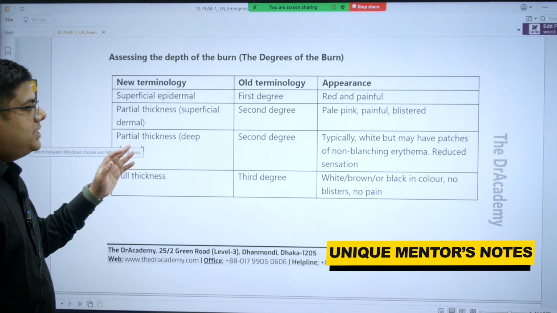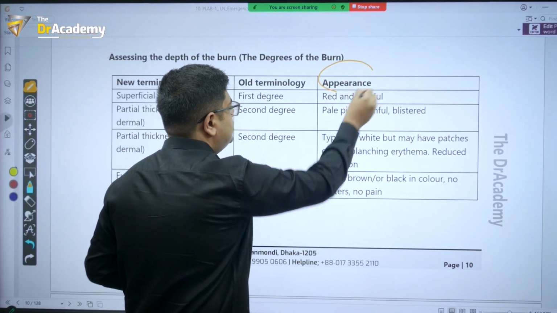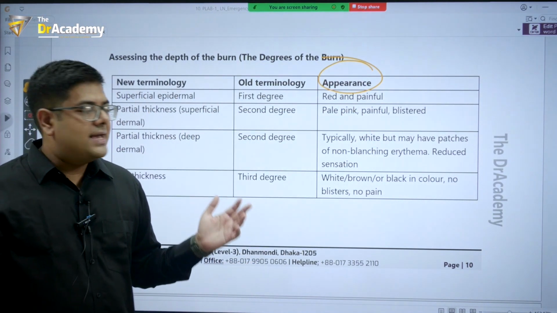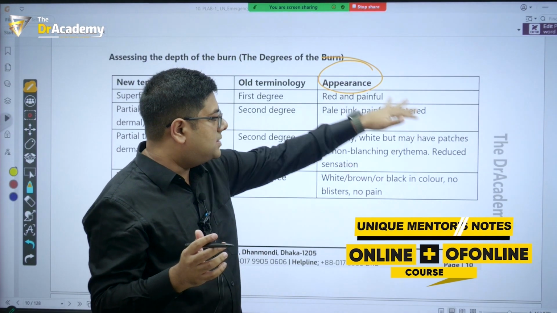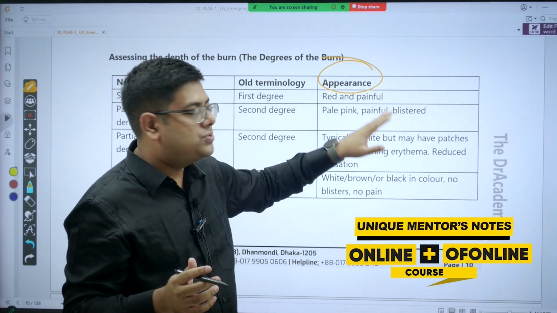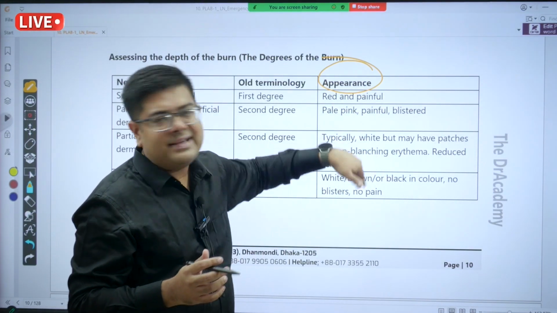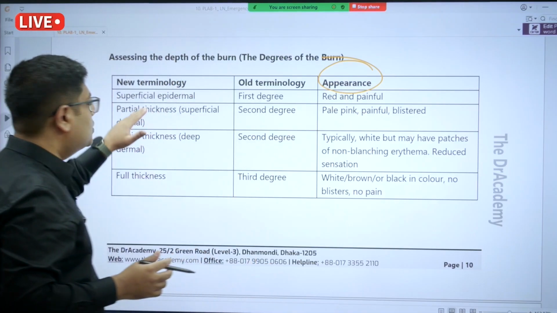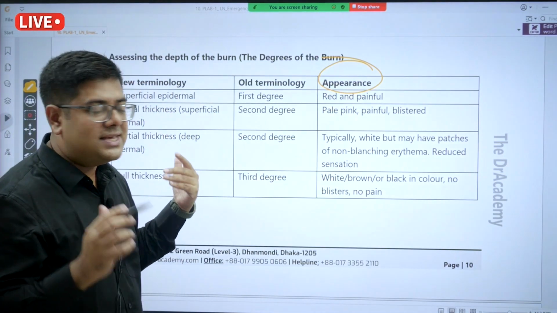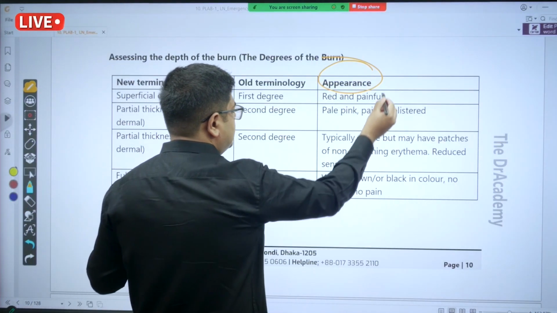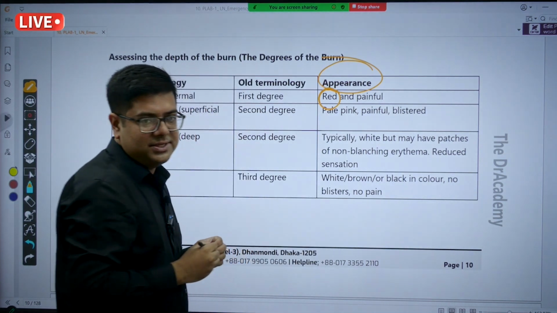Main thing we need to memorize is the appearance. This is important because in the exam, in the stem, in the question, you will be given these categories. You have to identify which type of burn the patient is having from these characteristics. So first of all, superficial epidermal, the first degree burn. How will you recognize this? Mainly this thing, red.